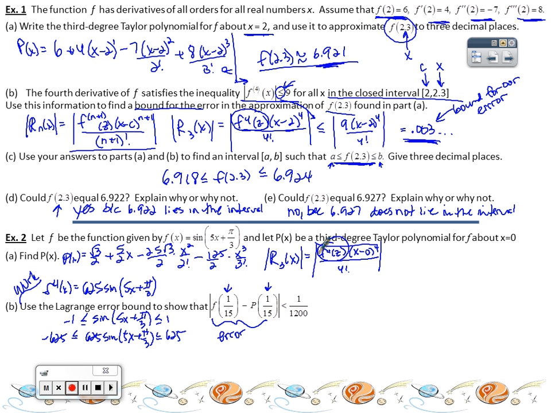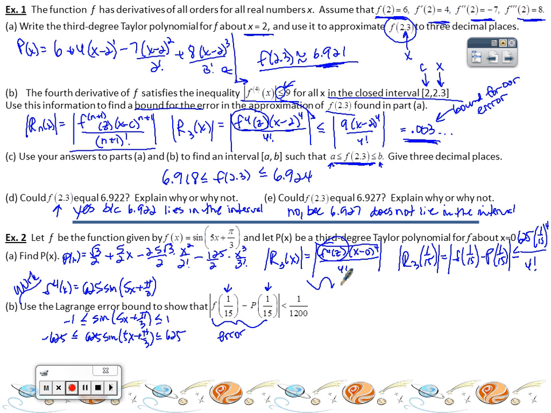Okay, so let's rewrite. Do I need absolute value bars around that?